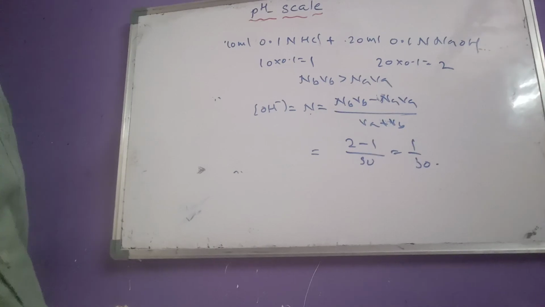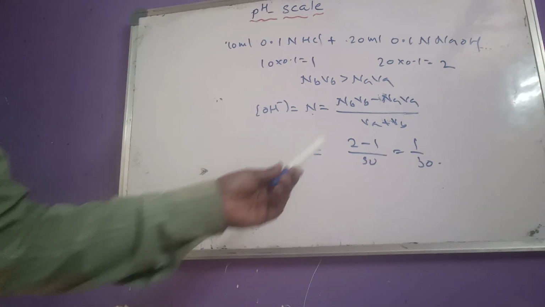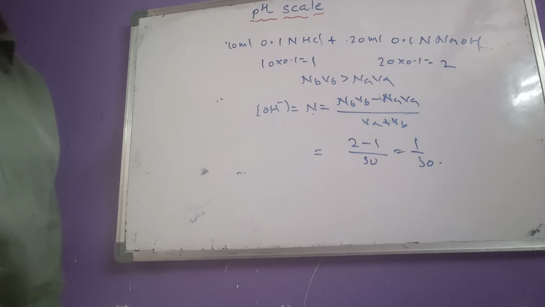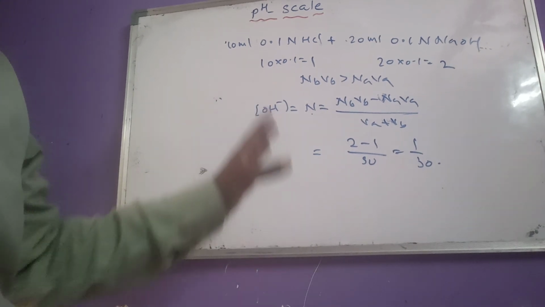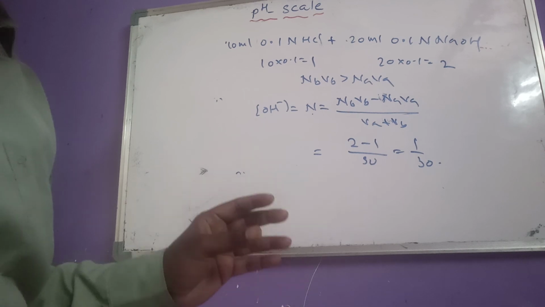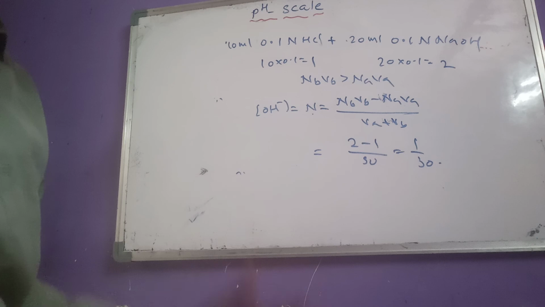This is the OH minus ion concentration. Based on that we calculate pOH, and thereafter pH. These are some examples. In our next video, let us discuss the pH calculation for weak electrolytes.